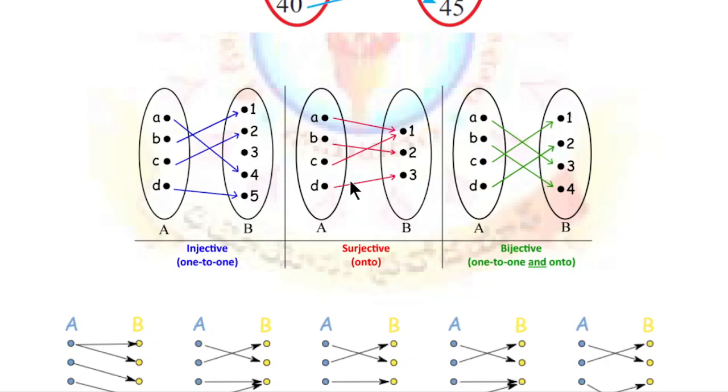In this case, it is an onto function but not a one-to-one function because element 1 in set B is mapped with two elements. In this case, it is a one-to-one function and an onto function, so it is a bijective function.